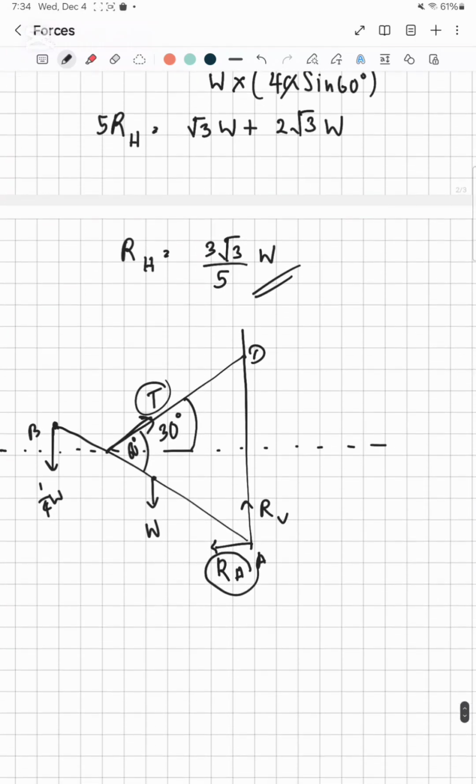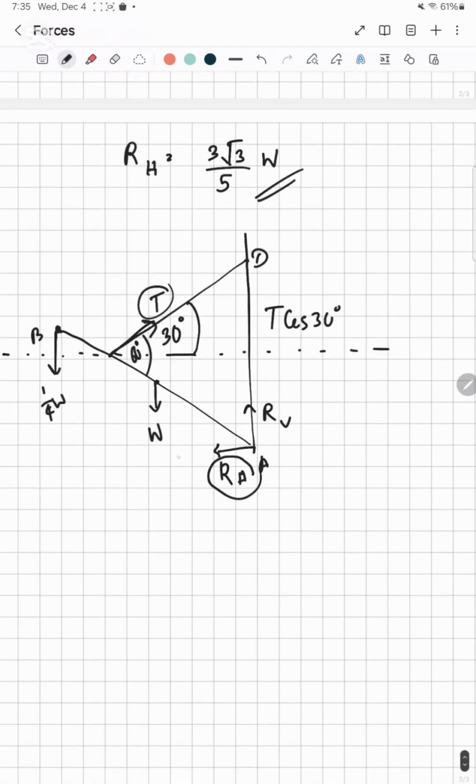So the only horizontal forces are T cos 30 and RH. RH goes to the left, T goes to the right. So you can write RH equals T cos 30. So RH equals T, which we found as 6 over 5 W, cos 30.